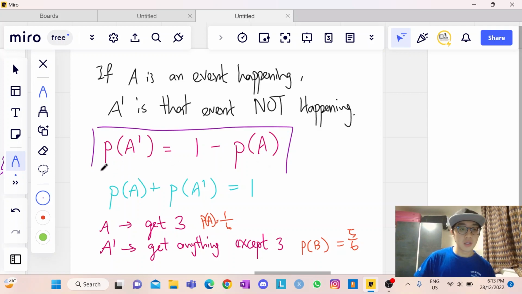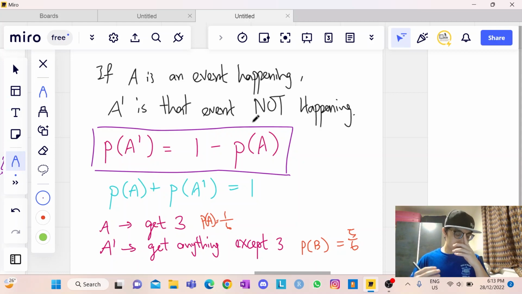The probability of the complement of an event is equal to 1 minus the probability of that event happening. Logically, if it's happening, then the other part is not going to happen. So if it's certainly going to happen and you take out the probability that it's going to happen, what's left is the probability that it is not going to happen.